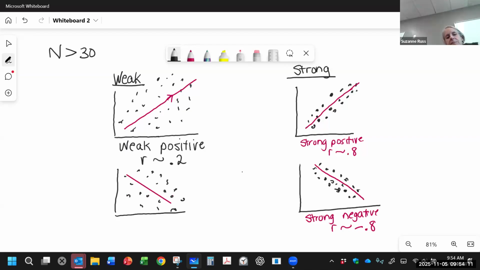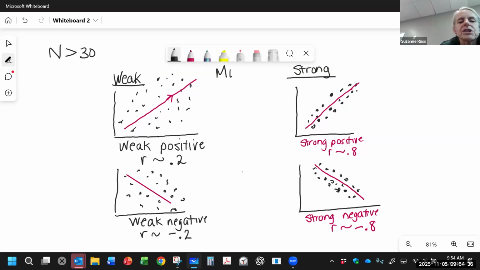And we might call this then a weak negative. And the R would be approximately negative 0.2. These are equally strong. The strength is equal. The direction is different.